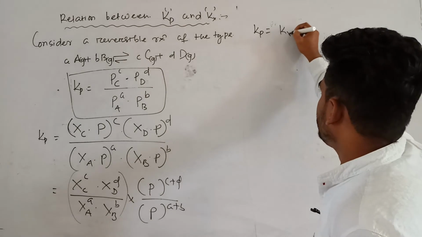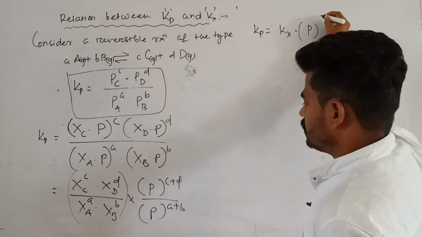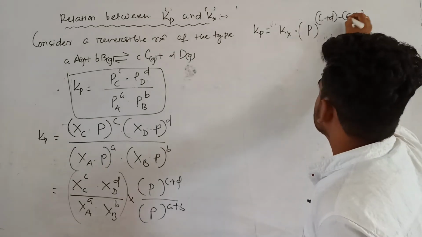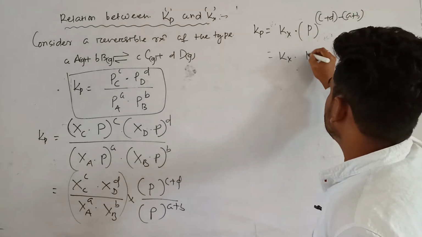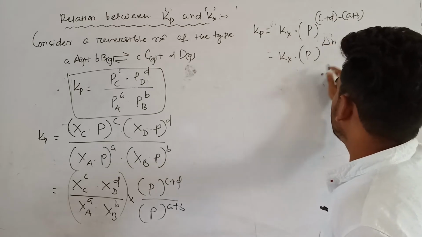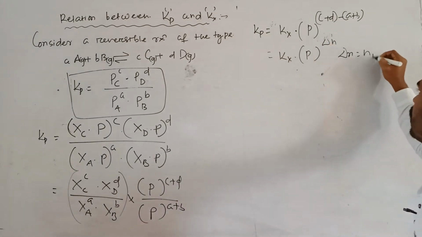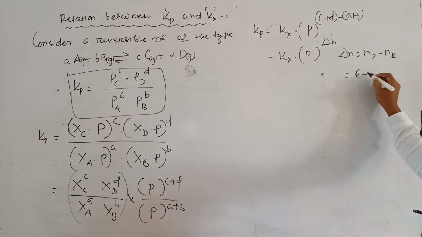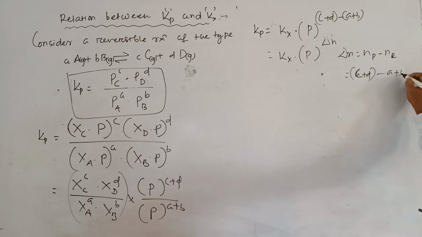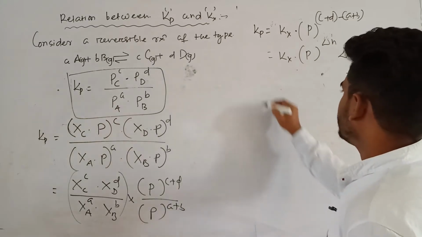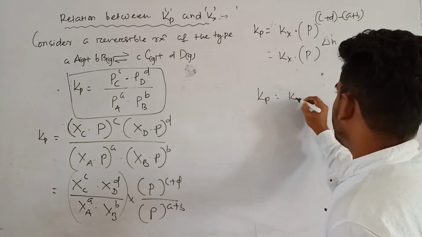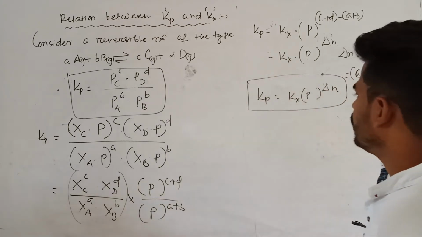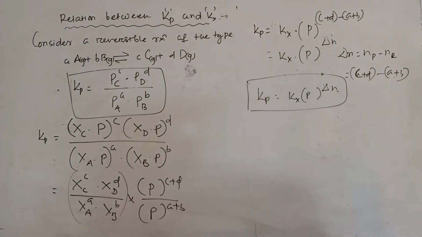So that will be Kx into P to the power (c plus d) minus (a plus b). So that will be equal to Kx into P to the power del n, where del n is nothing but the number of moles of product minus the number of moles of reactant, that is c plus d minus a plus b. So Kp is equal to Kx into P to the power del n. This is the relationship between Kp and Kx.